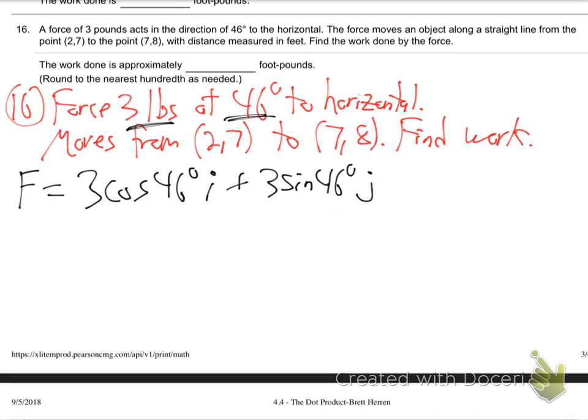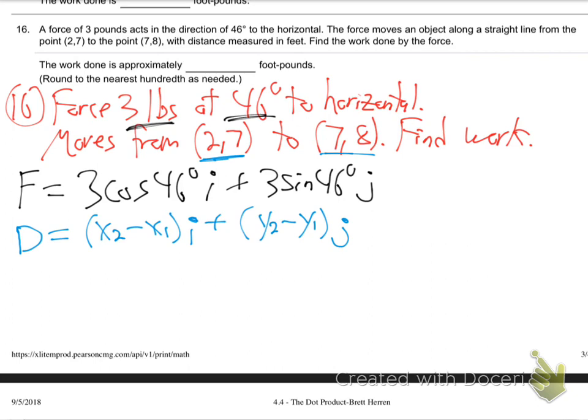And now, let's get the distance vector. How are we going to do it when you move between a couple points? You remember, the difference in x is i, because x is the sideways, plus the difference in y's, because that's like rise, j. So the distance vector will be, x1, y1, x2, y2.